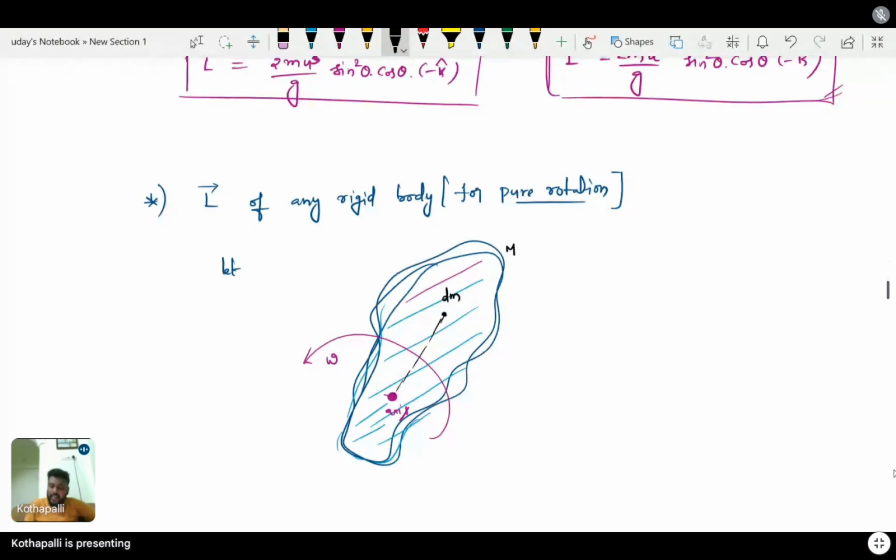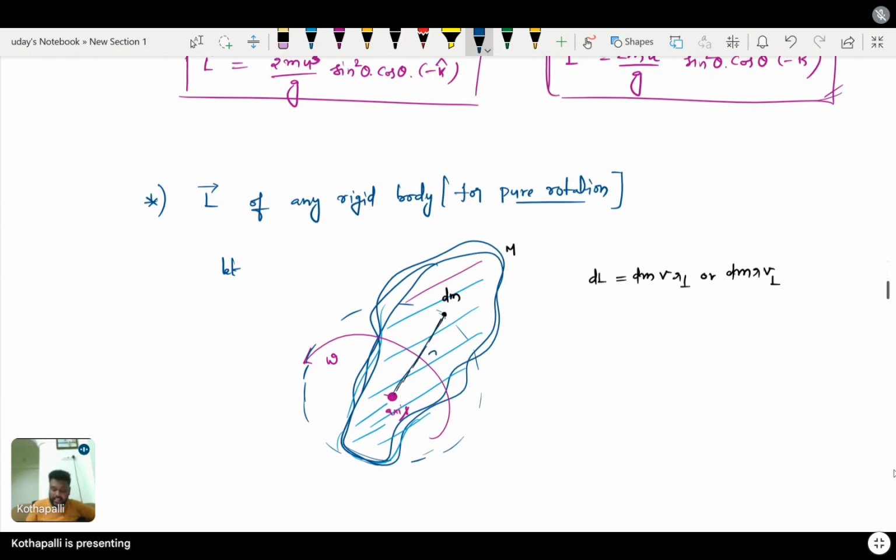So this point mass's angular momentum dL, what will it be? For a point mass in rotation, it is m into v into r perpendicular, where m is dm, the point mass. This will be a circular path only, so r perpendicular is clearly nothing but the radius.